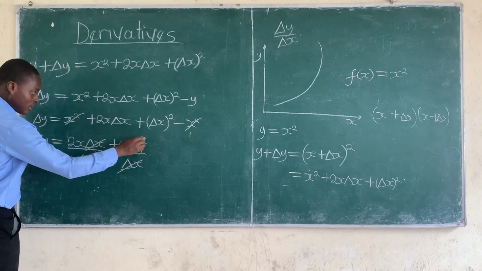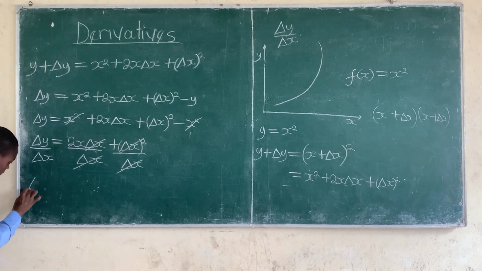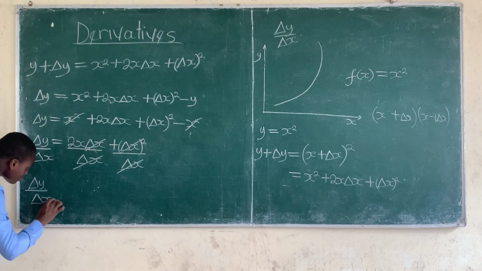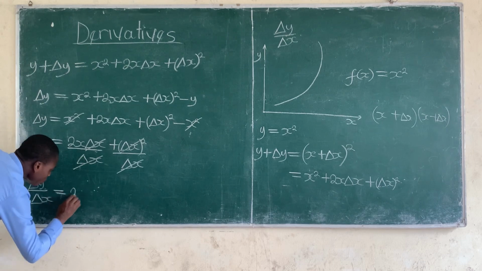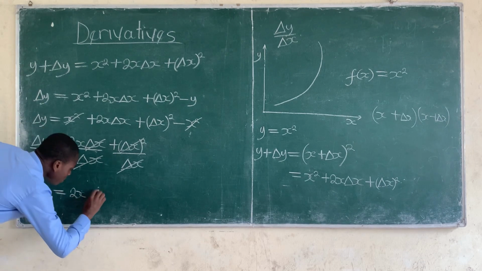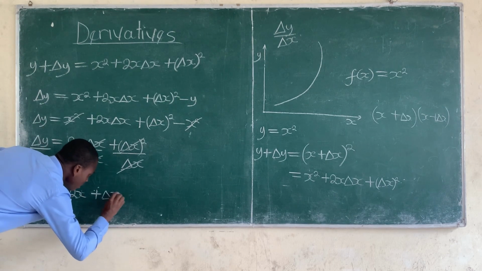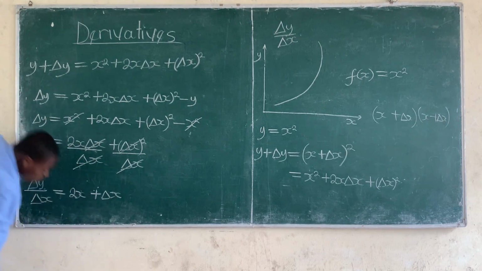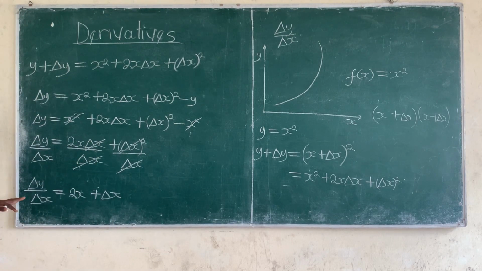So we have increase in y over increase in x equal to 2x plus increase in x. Now, we are not done yet. Don't forget, for us to find dy dx, we have to take the limit as increase in x approaches 0.